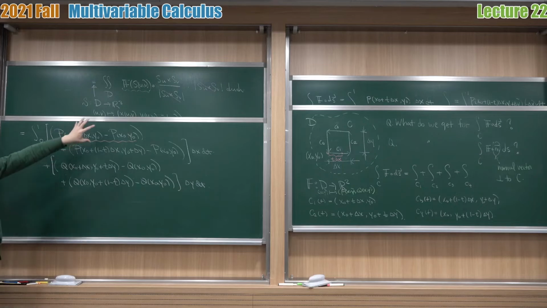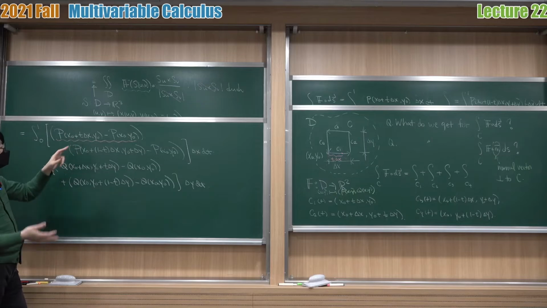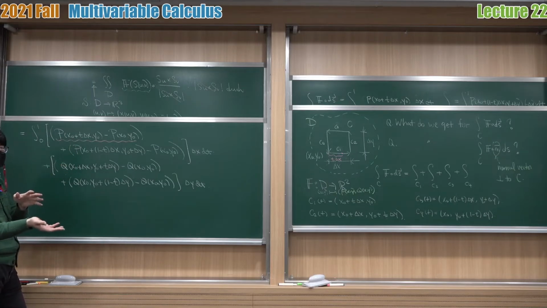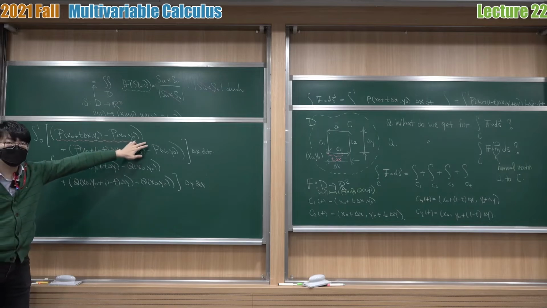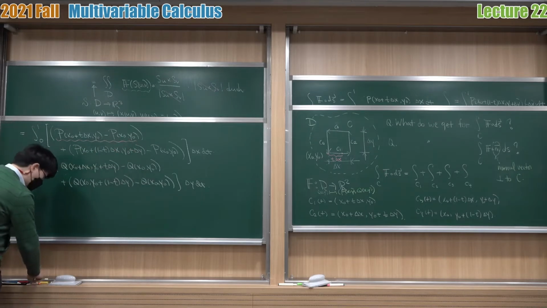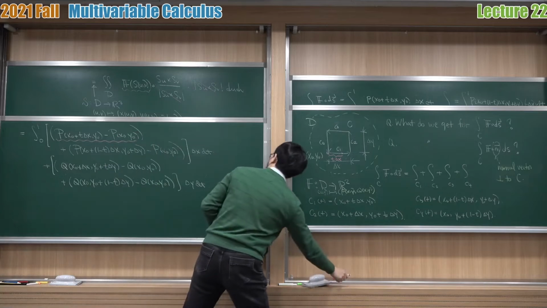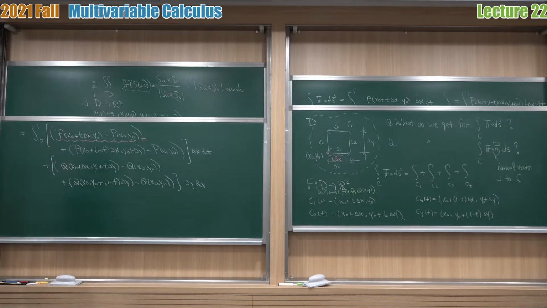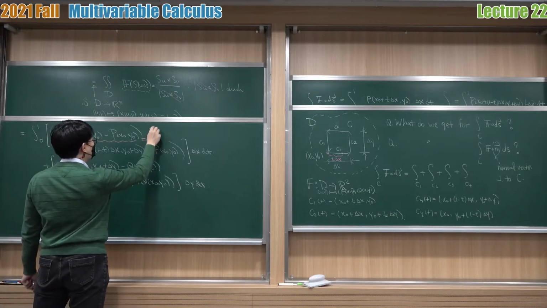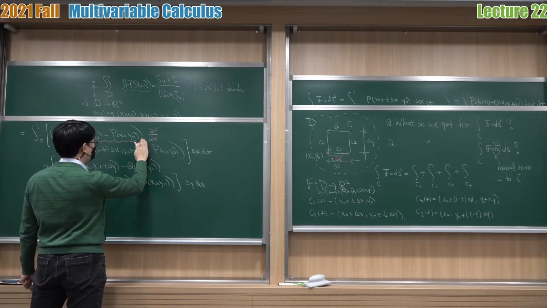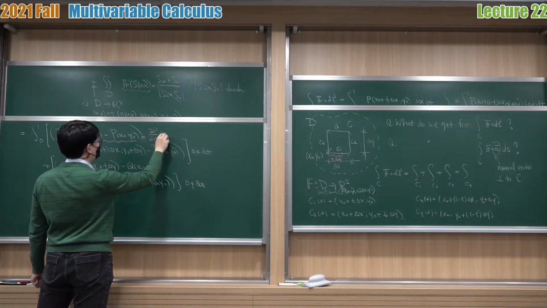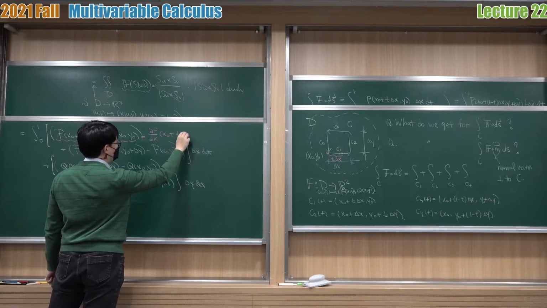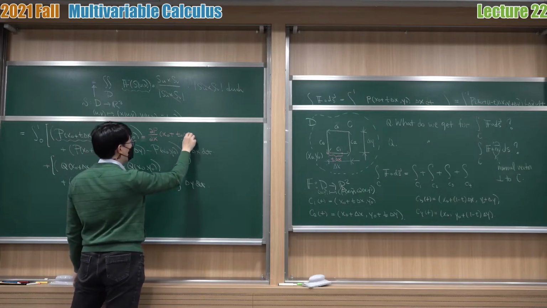So when you subtract these two, we're talking about the difference of the value of P when I change the value of x only. I fixed y here, okay? I fixed y. So I can approximate this value, or actually there is a theorem, the mean value theorem, that this value is equal to the partial derivative in x at somewhere between 0 and 1 of this.